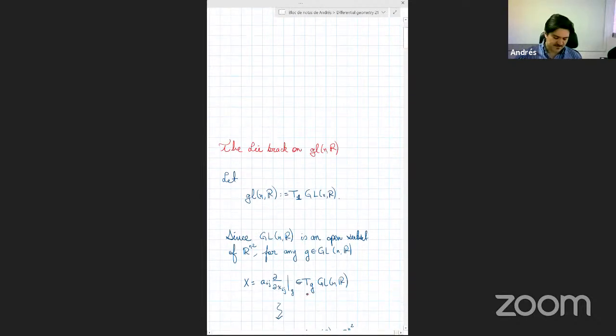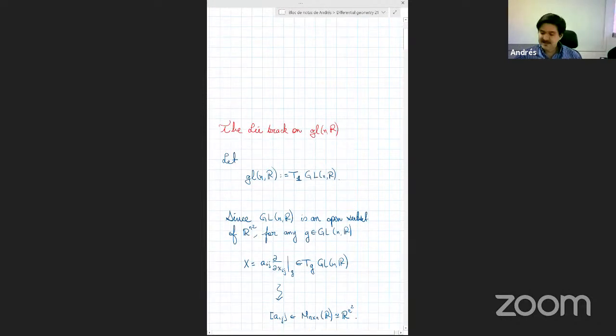For any point, a tangent vector looks like this, where x_ij are the global coordinates of R^(n squared). As in calculus, we identify this notation with the vector notation, so it's just an n by n matrix with no other restrictions.